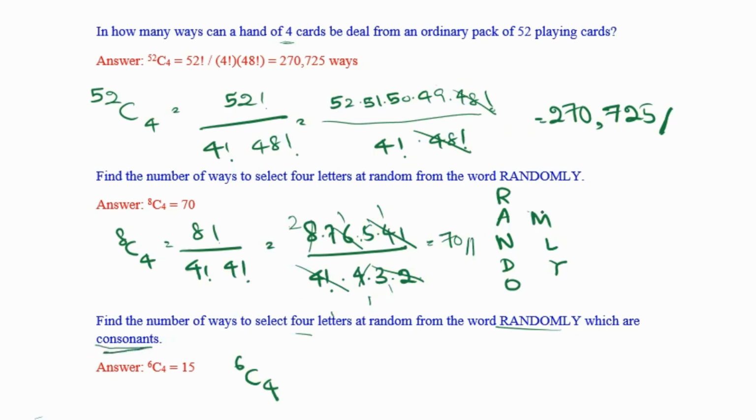The filter says only use the consonants. So we no longer have access to O, we no longer have access to A. R, N, D, M, L, Y are still in the game. So we have 6 in the game, and we select 4 out of it. So it's 6C4, which is 6 times 5 times 4 factorial divided by 4 factorial times 2 factorial. It's divided, that is 3. 5 times 3 is 15.